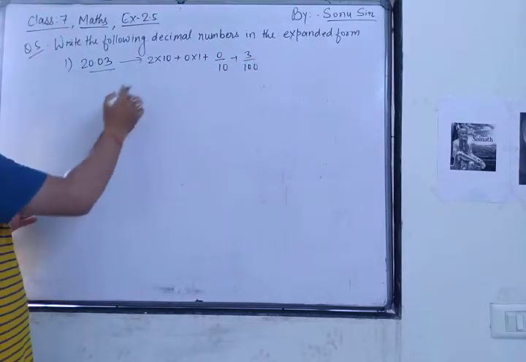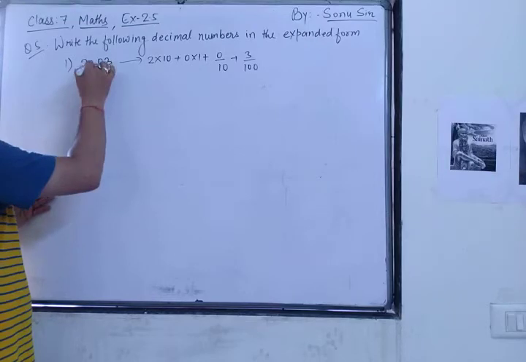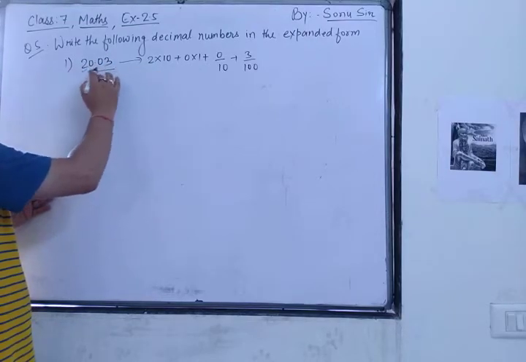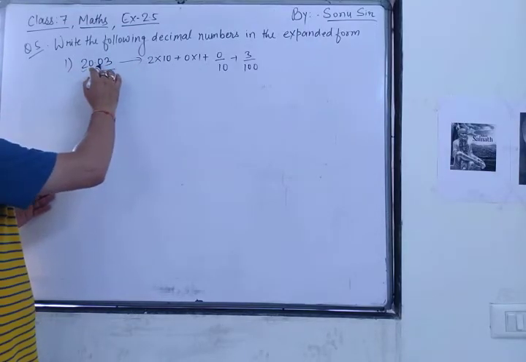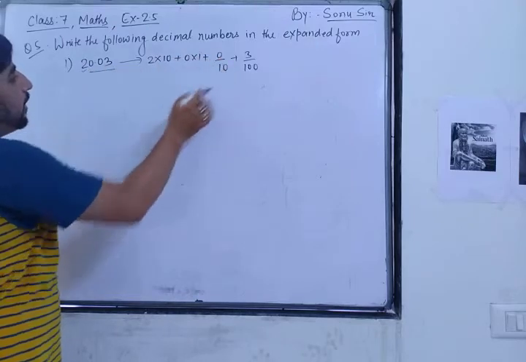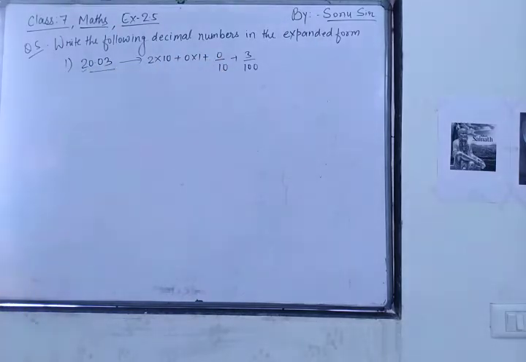What is the meaning of this? Here 2 was at the tens place, 0 at the unit place, this 0 at the 1 by 10 place, and 3 at the 1 by 100 place. After expanding this number, whatever you get is the expanded form of the decimal number.